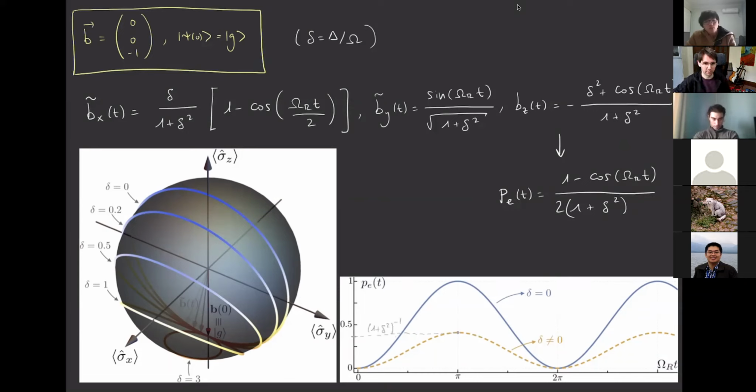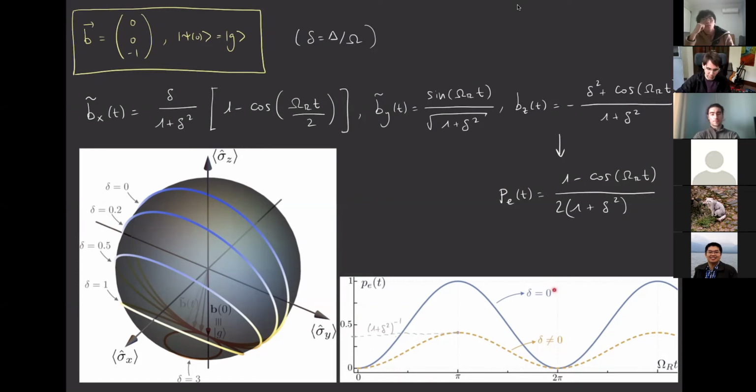So 1 divided by 1 plus delta squared. This is the maximum value that we can get for the population in the excited state. Again, after half a Rabi period, half a cycle, it is no longer perfect state transfer. So we cannot transfer the whole population of the atom from the ground to the excited state. Whenever we put in detuning, the effect of the detuning is to reduce the population that we can bring from the ground to the excited state.